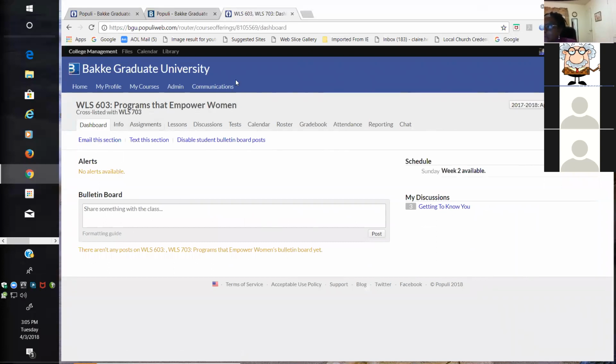And to the right of the dashboard, you see a schedule, so when assignments are due or when Zoom rooms are coming up, you'll see that show up under the schedule. And you can even add items to the calendar there if you'd like. So say you have an assignment due on the 20th, you could just drop a little note in there on the 10th to remind yourself, stuff like that.